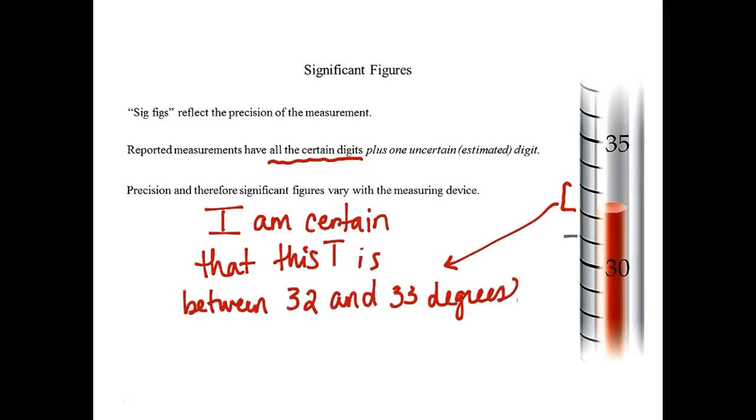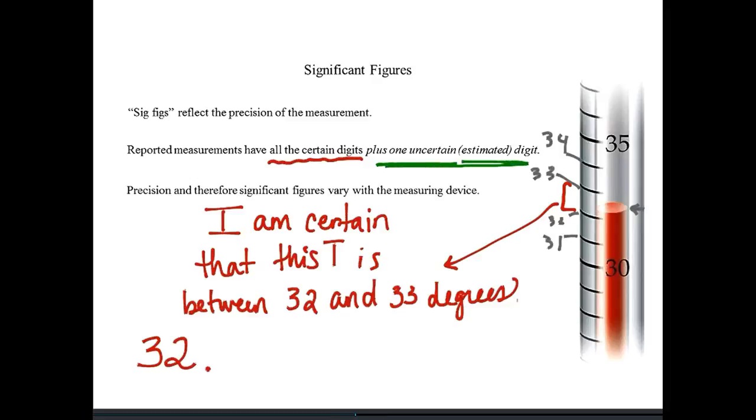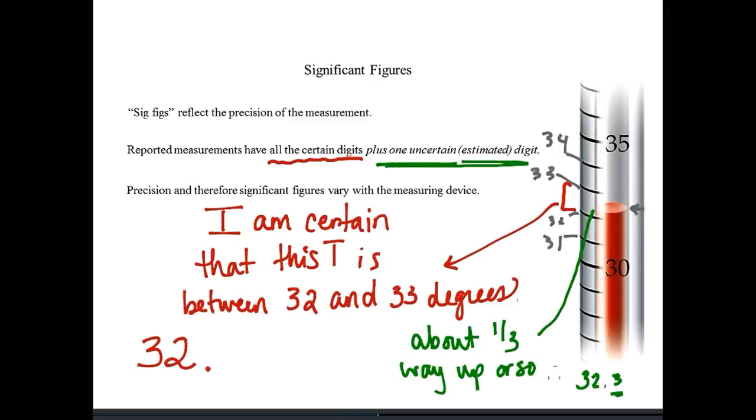Now it's that last uncertain digit that we're going to argue about. I am certain that this temperature is between 32 and 33 degrees, because that's a 31, that's a 32, that's a 33. Now, where it occurs, we would probably argue, right? That last digit, we need to put one uncertain digit on here. It's about a third of the way up, so we could certainly make a good argument that it's about 32.3 degrees Celsius.